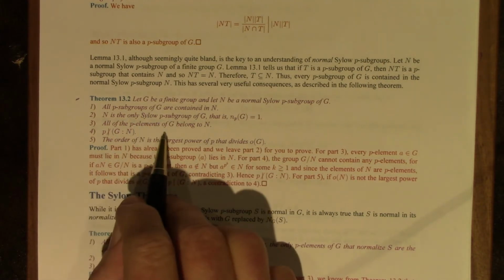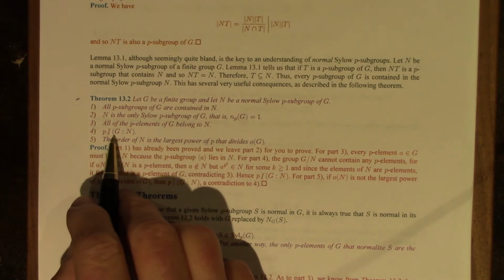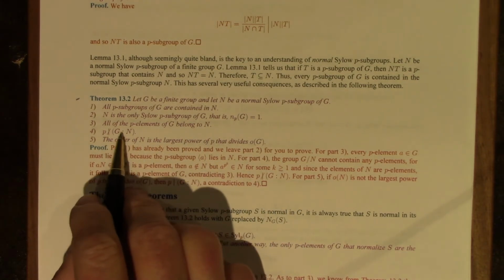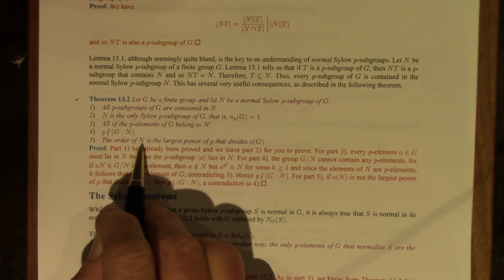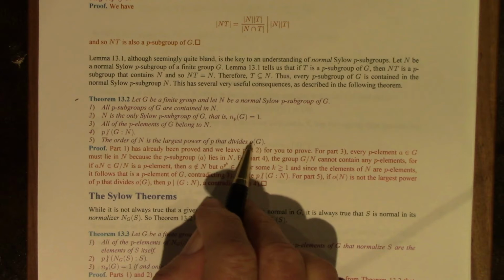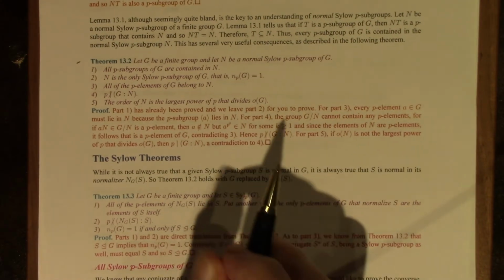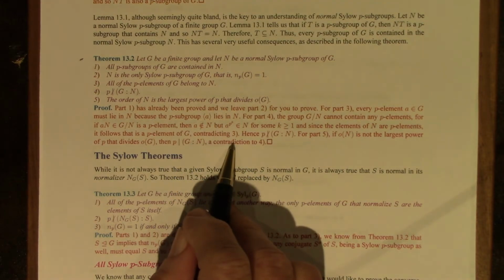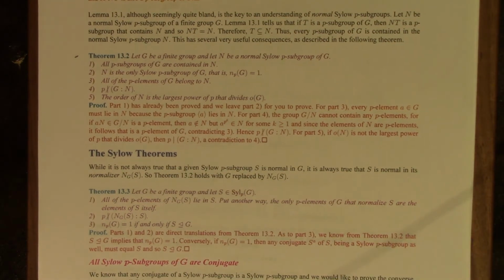Three: all of the p-elements of G belong to this normal Sylow p-subgroup. Four: p does not divide the index of N in G. And five, finally: the order of N is the largest power of p that divides the order of G. These facts come relatively easily. You can see it's just a few lines under the assumption that N is normal.